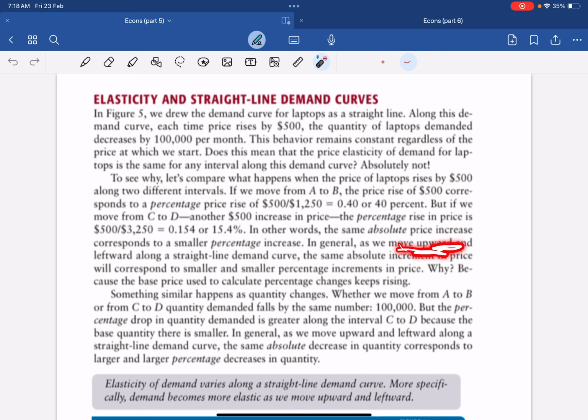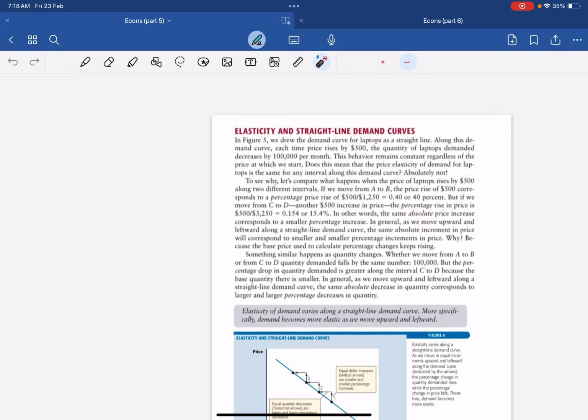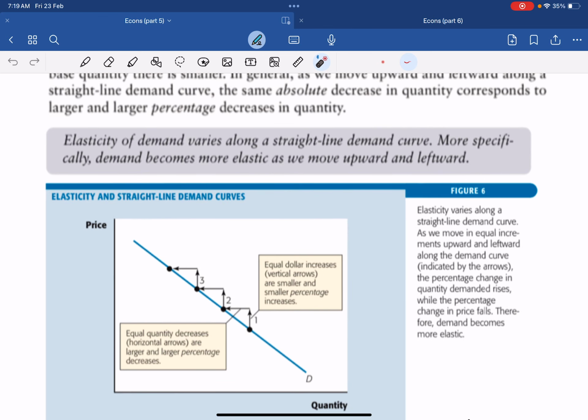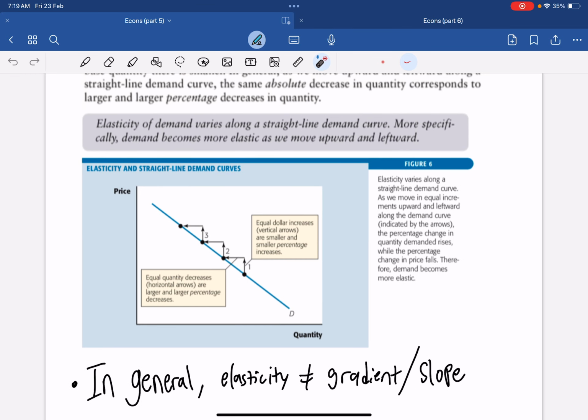And if you move upwards and leftwards along the straight line demand curve, then the same increment in price will correspond to a smaller and smaller percentage increment in price, because your base value is now larger because you have increased price. You can see what I mean using the graph.